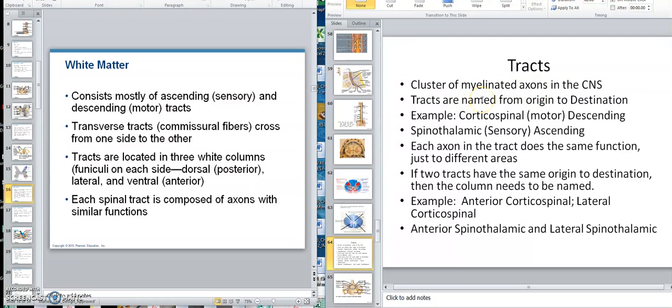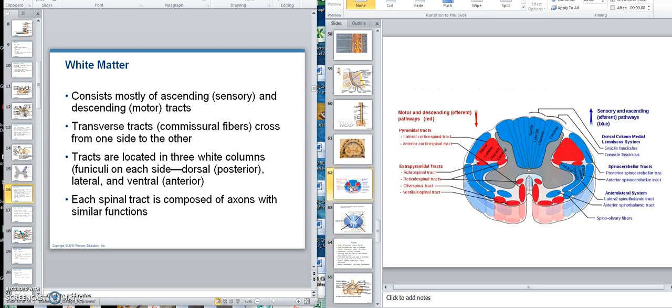Tracts are named from origin to destination. Example, corticospinal: cortex of brain to spine. Motor is a descending tract. Spinothalamic, sensory, from the spine to the thalamus, which is an area of the brain that's sensory, that's ascending. Okay, let's go over here. So, corticospinal, what color is it in? Red.